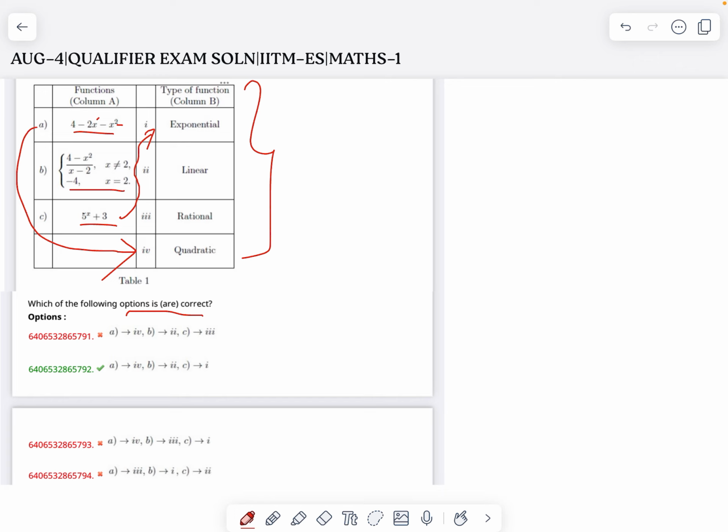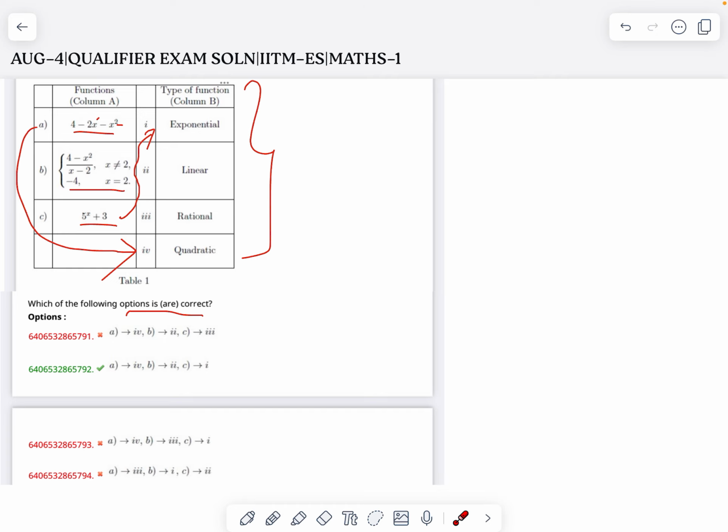Next, x is not equal to 2 and x is equal to 2. What they are saying, I'll highlight and show. They are saying if x is equal to 2, it is minus 4. But if x is not equal to 2, you should apply some other numbers. For example, in the place of 2, if you are applying 1 and 3 in the place of x, you'll be getting one value.